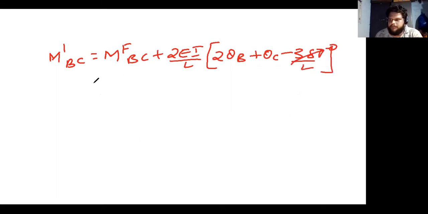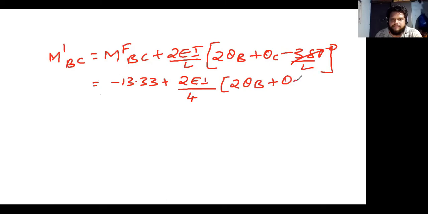Now the remaining will become minus 13.33 plus 2 EI by, what is the total span length? 4, I think it was 4, into 2 theta B plus theta C. Okay, so if you rewrite this equation, minus 13.333 plus 2 by 4 is 1 by 2, the 2 2s are 4, 4 by 4 gets cancelled.